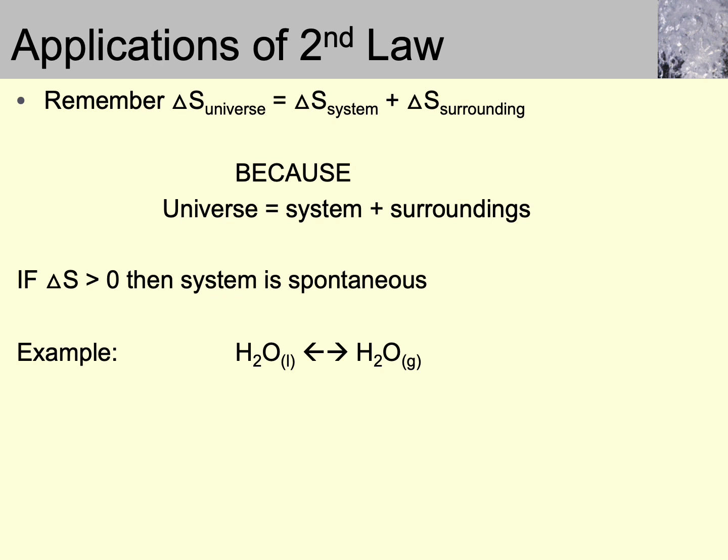Some applications of the second law, and I think this is another little mini review because we've talked about this before. The change in the entropy of the universe is equal to the change in the entropy of the system plus the change in the entropy of the surroundings. One or both of these has to be temperature dependent.